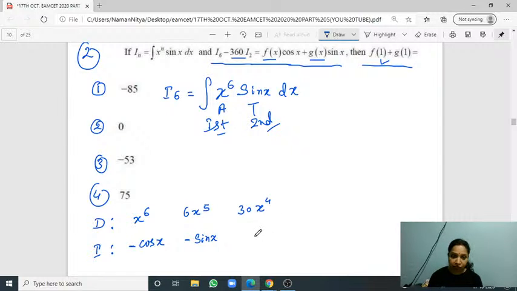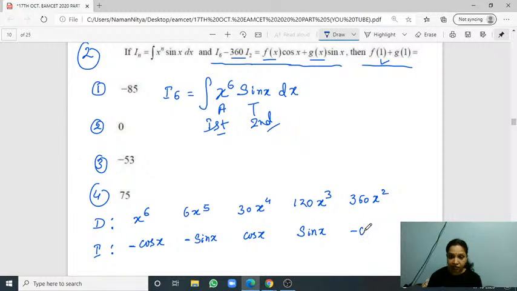Here integration we have to do, minus sin x integration, it will become plus cos x. 120 x cube. Okay, the first function I'm just differentiating and second function I'm integrating. Cos x integration, sin x, then again 360 x square.